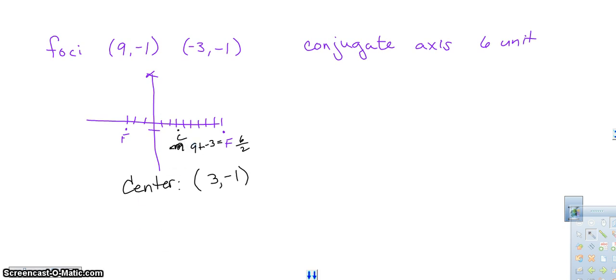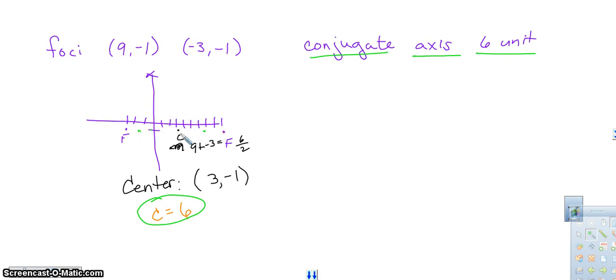What else do I know? From the center to one of the foci, 3 to 9 is 6, so little c is 6. We know the conjugate axis is 6 units, which means my vertices go out somewhere here and here.